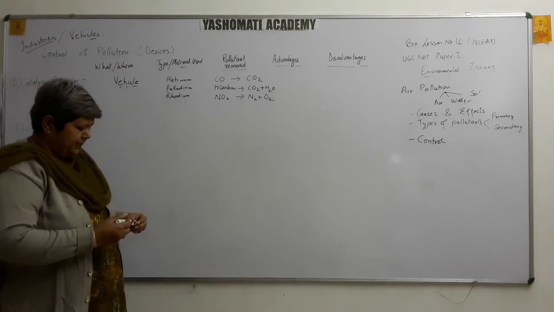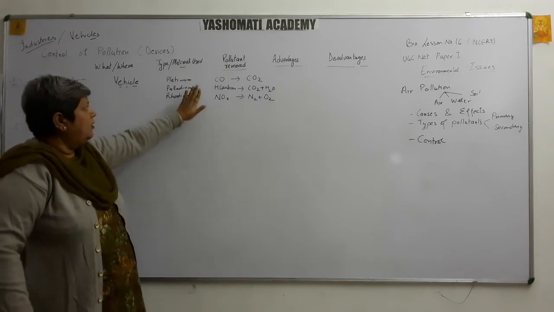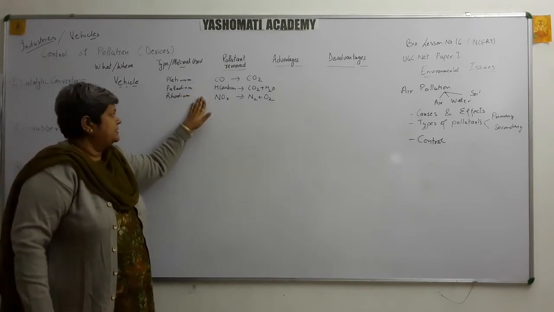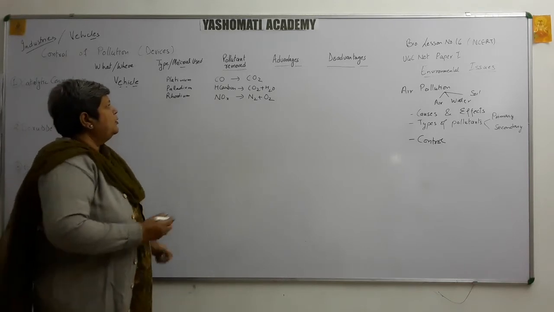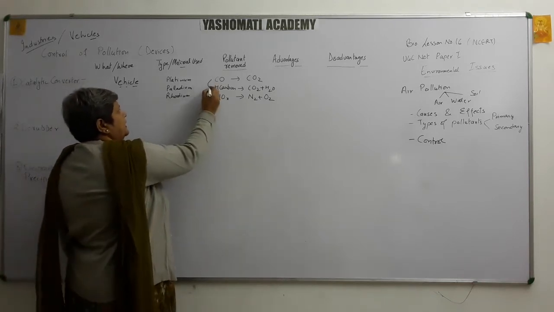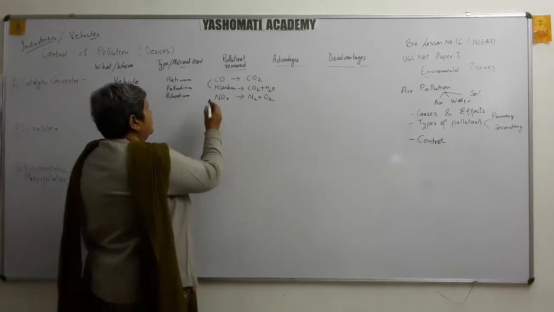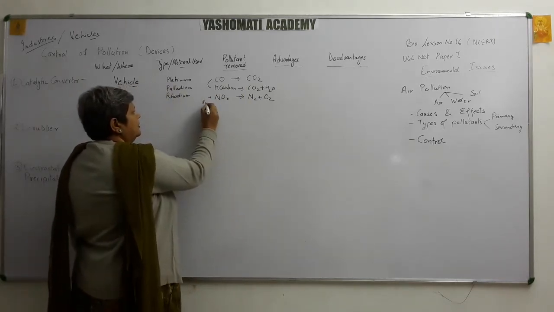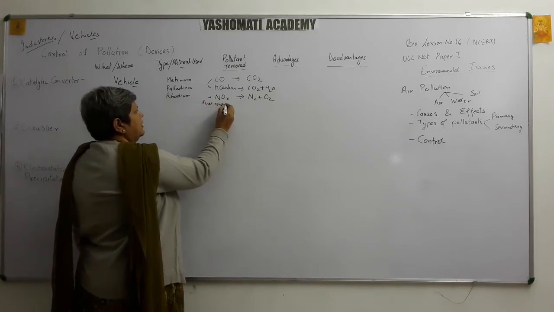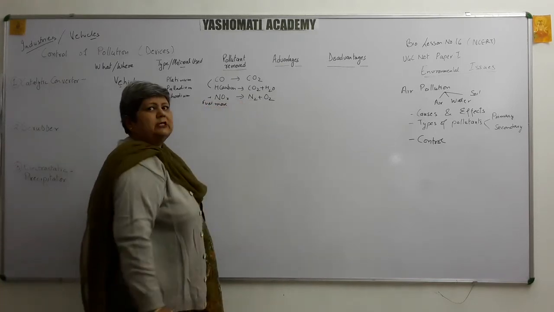Now, in a vehicle all these reactions are taking place, right. When there is more oxygen, then these two reactions are favored. When there is more fuel, then this reaction is facilitated.